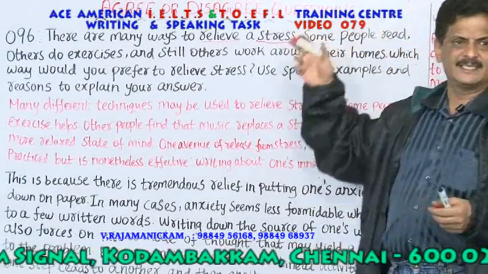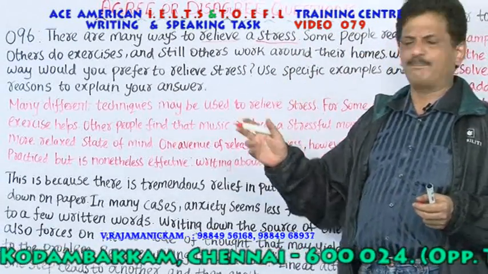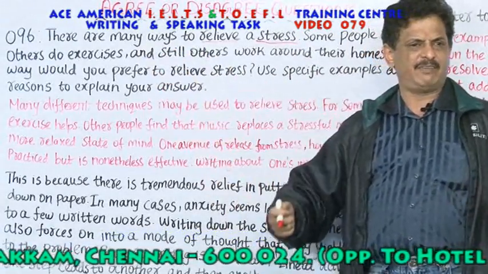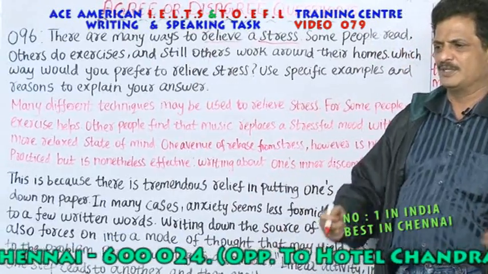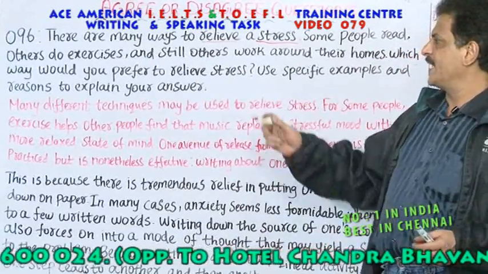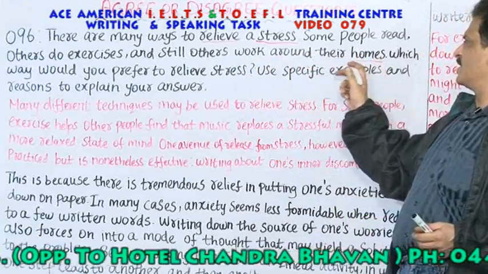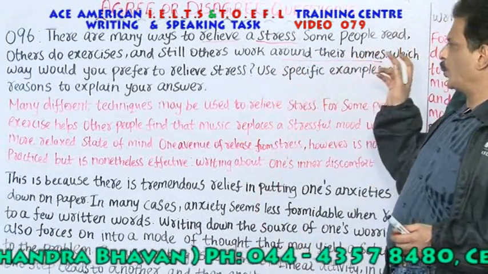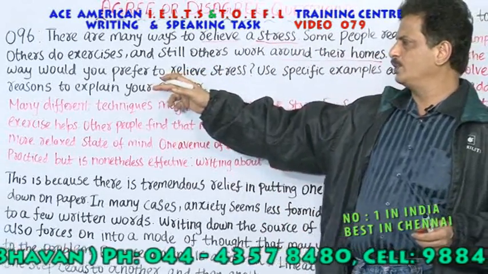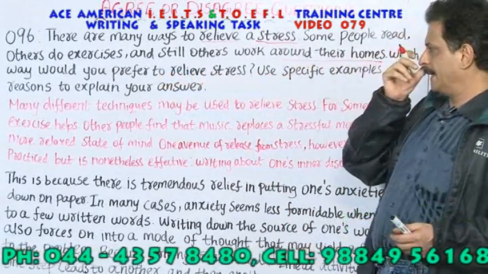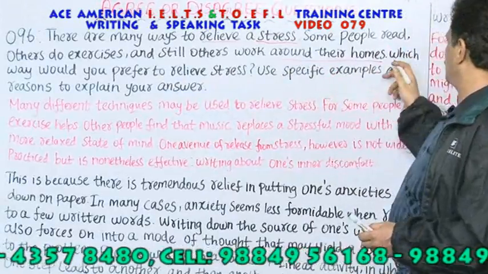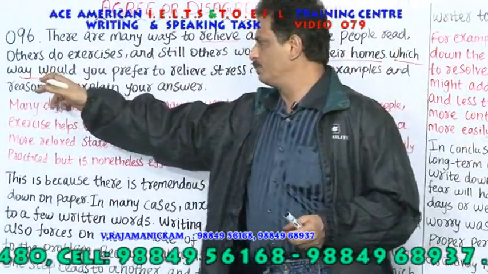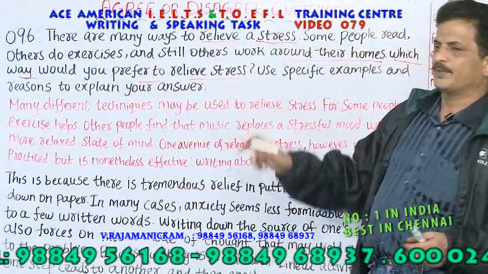Some people read. Some people do exercise to get away from the stress. They do certain exercise, and still others work around their homes. So which way would you prefer to relieve stress?